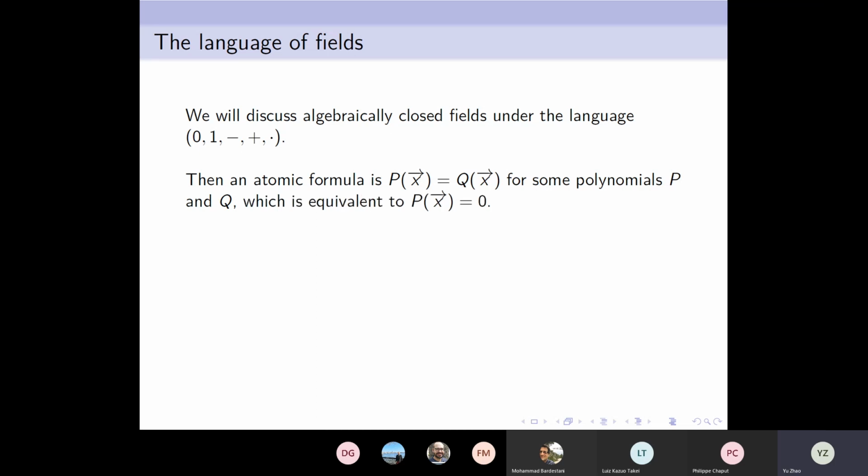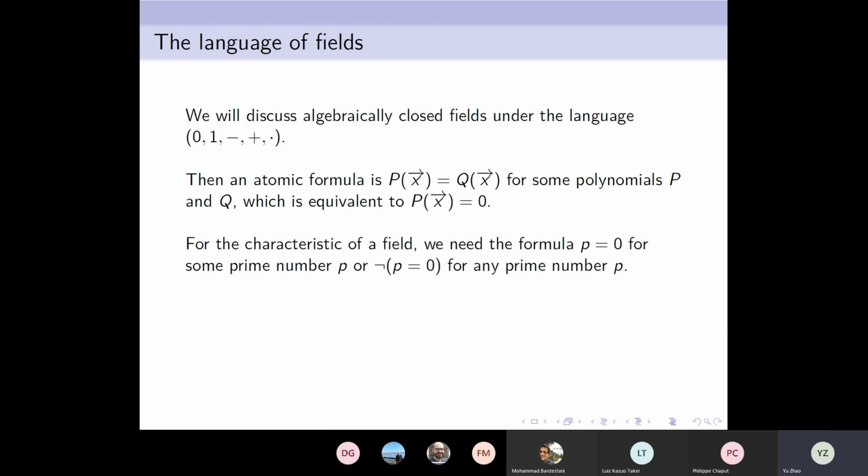For our convenience, we bring Q(x) over to the left-hand side, then we have one single polynomial P(x) equal to 0. That's our starting point to prove a Nullstellensatz. So equal to 0 in the Nullstellensatz means an atomic formula in the language of fields.